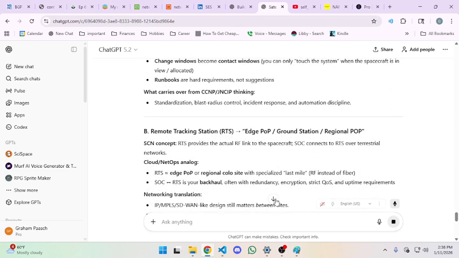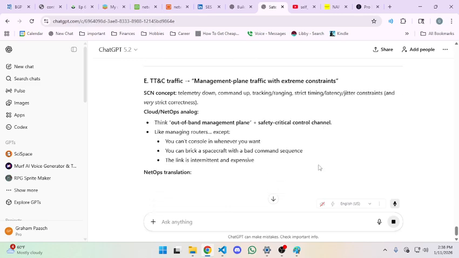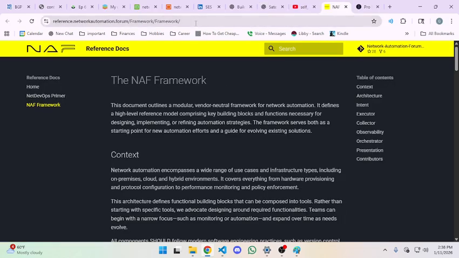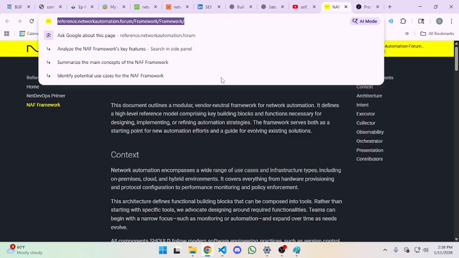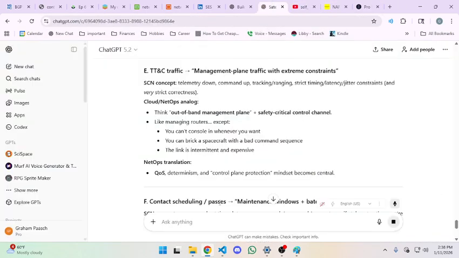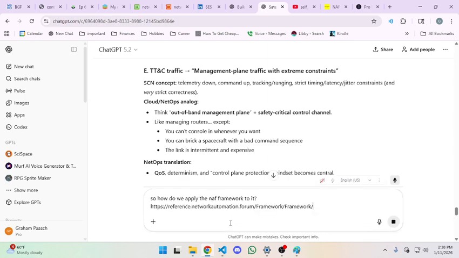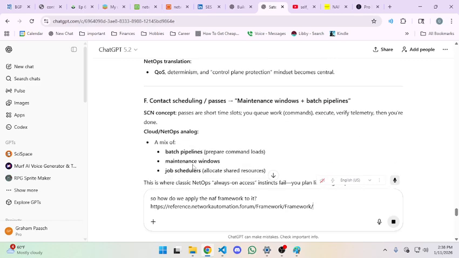So how do we apply the NAF framework to it? Ah, that's not done thinking yet.